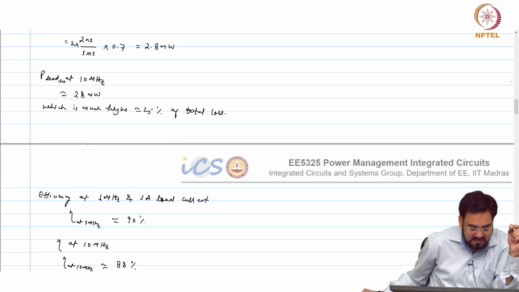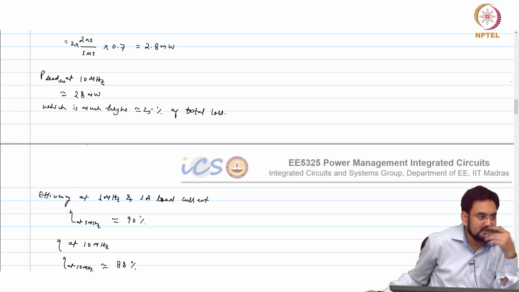That will scale. So what is the total? The dead time loss will be 1/10. 2.2 plus 2.8, so 4 milliwatt. So within 10%. Which means that at 100 milliwatt, it's okay. Fine.